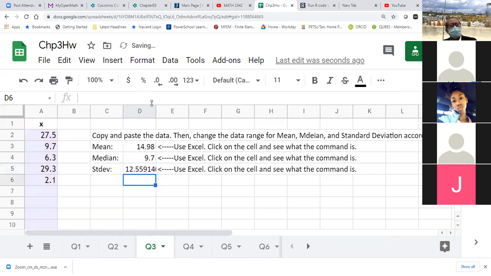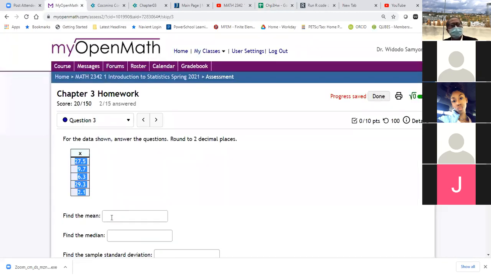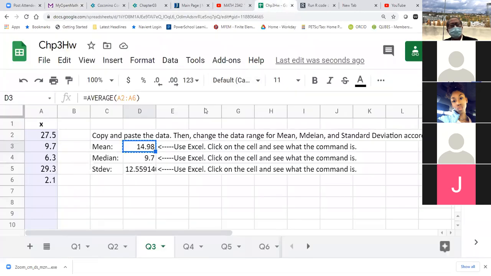Okay. So you can copy this. This is for the mean. Yeah. Right. Put it here. And then for the median, give you this.